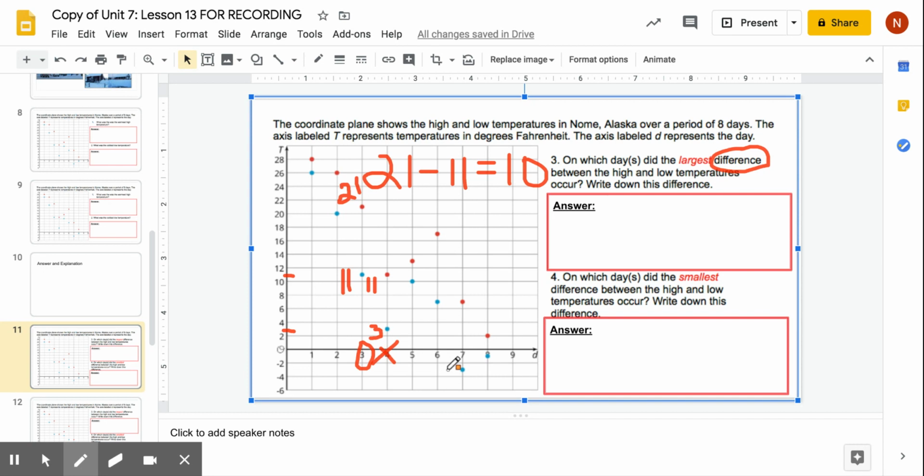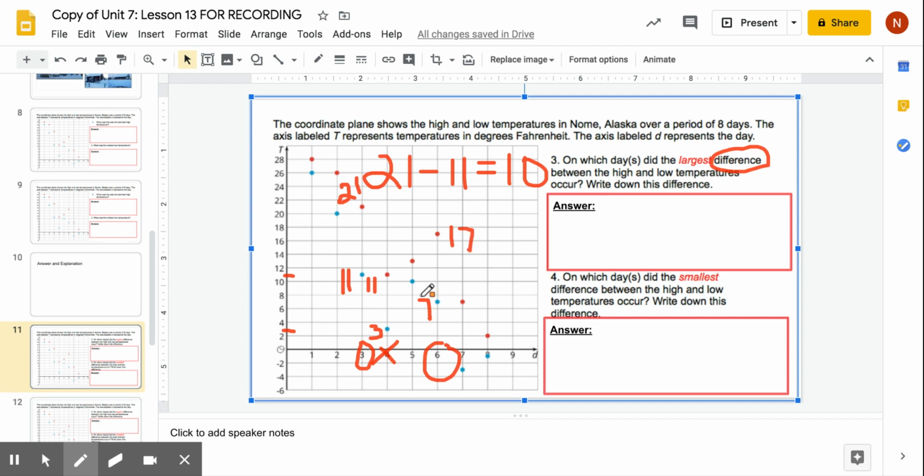Let's go ahead and look at day 6, where our low temperature is right here in between 6 and 8. So that is 7. And our high temperature for day 6 is somewhere in between 16 and 18, which is 17.